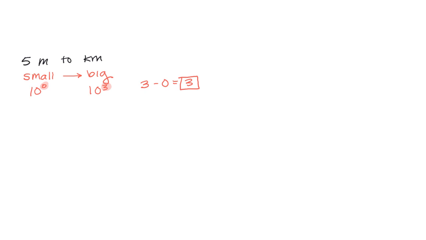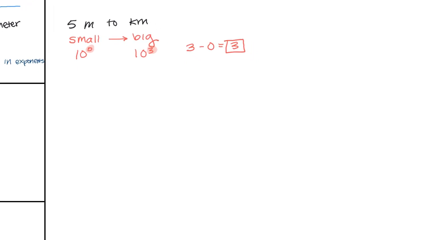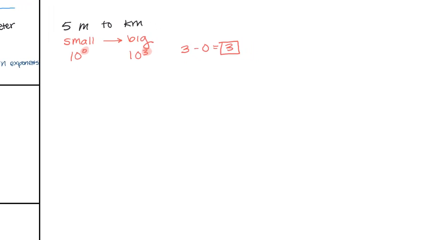So what that means is we convert 5 meters and we want to know what that value is in kilometers. I'm going to write out 5 right here. Here's my decimal point. I'm just going to actually leave that there. So 5 meters, we know we need to move that decimal point 3 units.